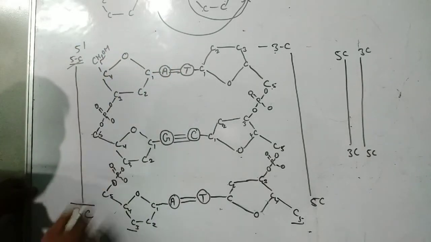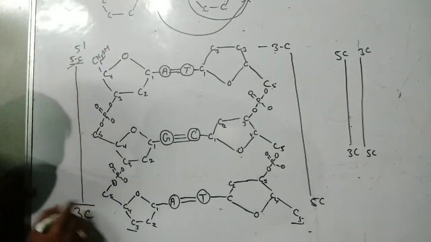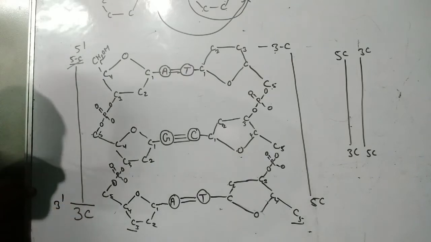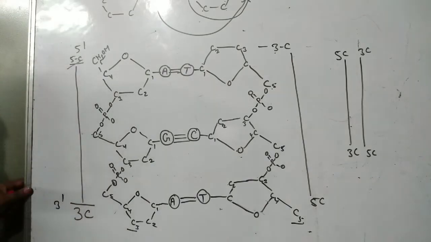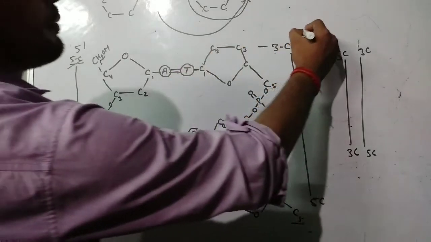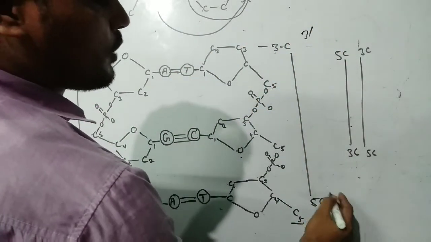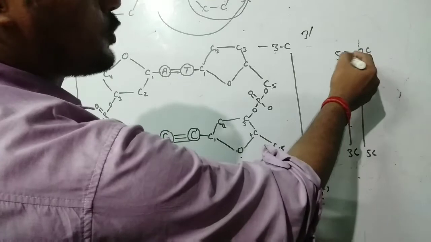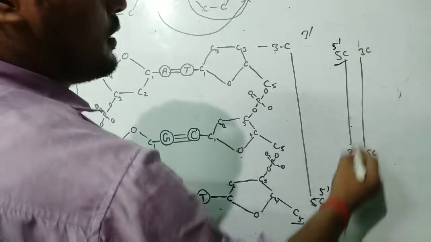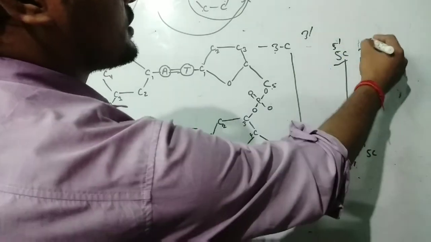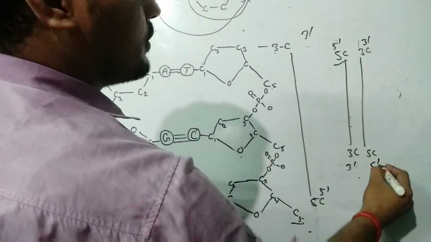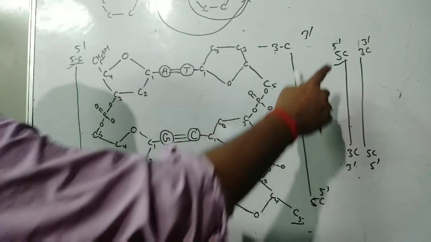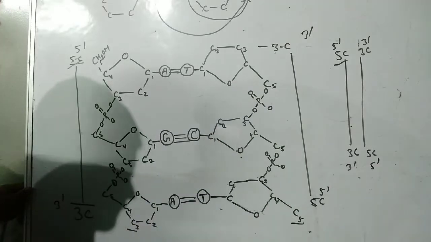So this is called 5 prime and this is third carbon atom chain this side, so it will be known as 3 prime. This side it will be known as 3 prime and this side it will be known as 5 prime. So as you can say, it is a 5 prime end, this is 3 prime end, this is 3 prime end and this is 5 prime end. It means they are running anti-parallel to each other.